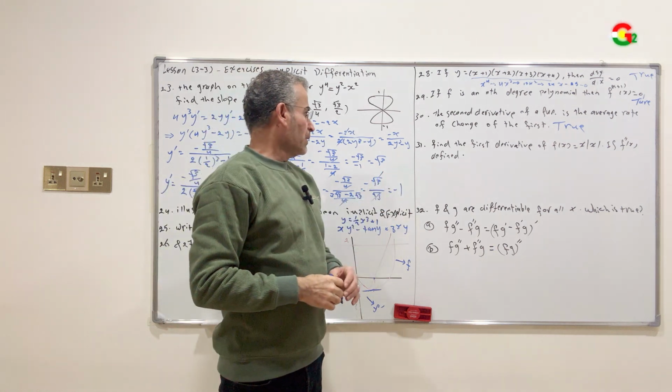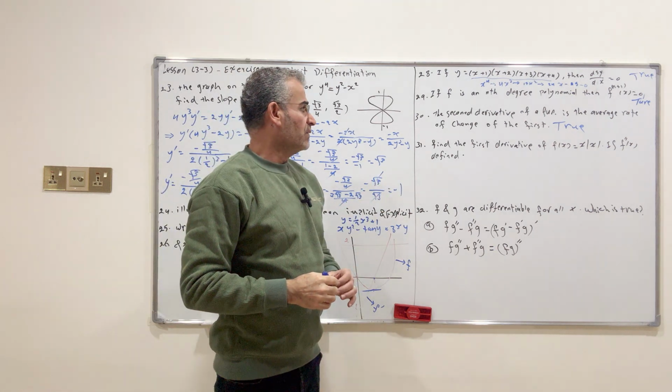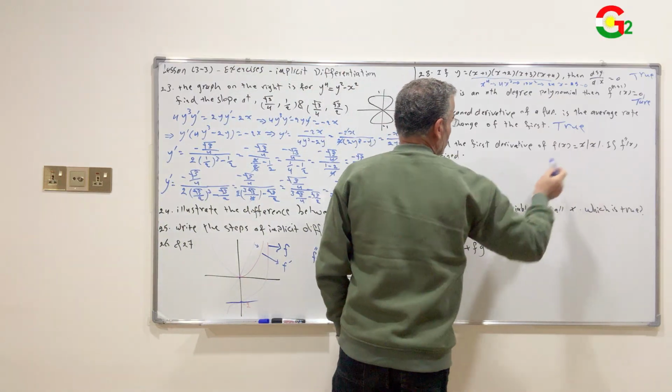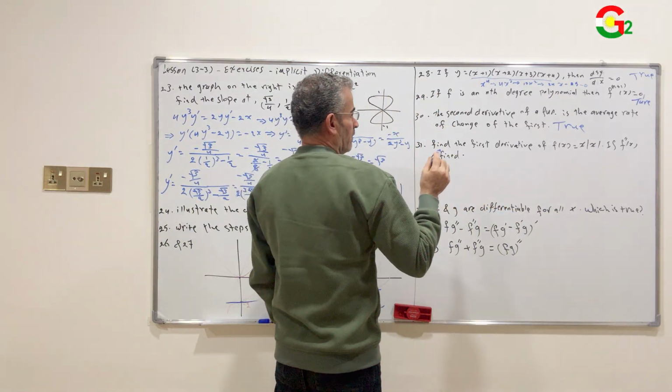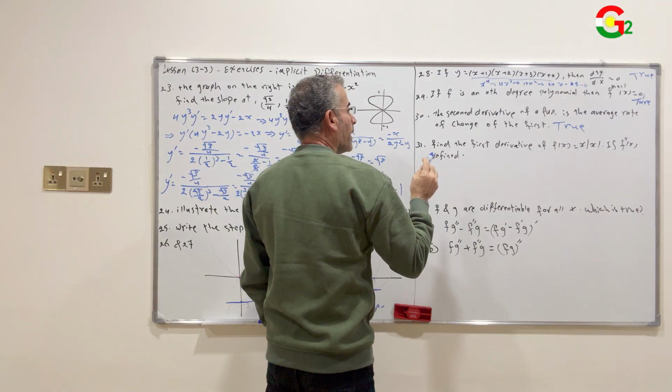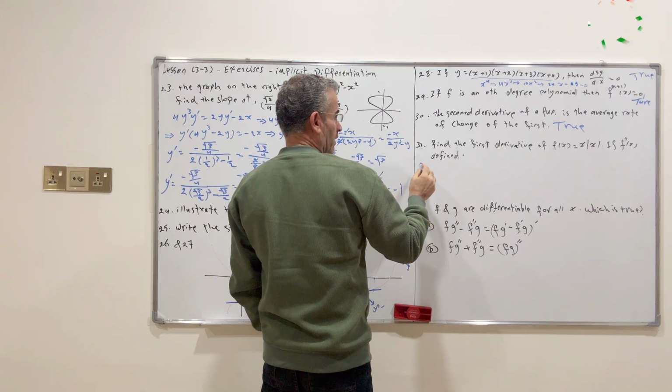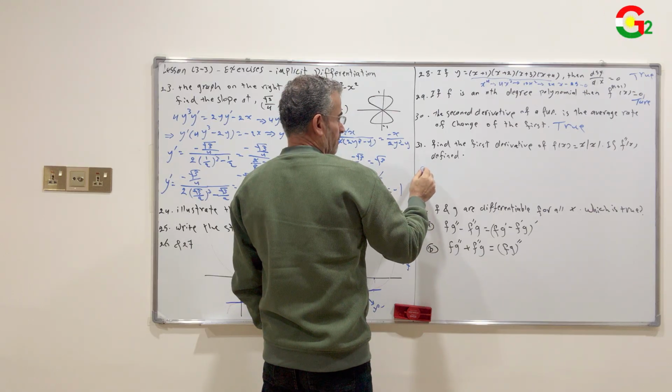Question number 31, find the first derivative of the function f of x equals x times absolute value of x. Is f double prime of x defined? Let us rewrite the function first.